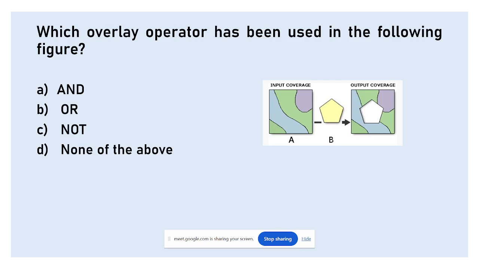In OR also, it should have been a wholesome thing, but that is also not the case. This B is basically erasing that portion in the input coverage. So this is an erase overlay operator, and not any of these: AND or NOT.